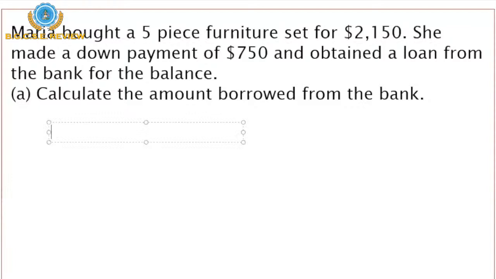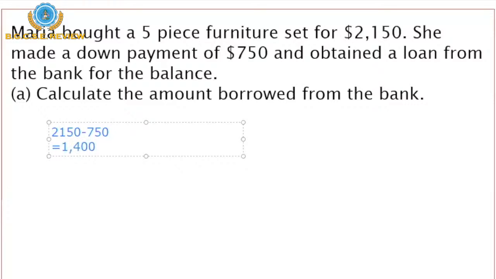Here's what I know. I know that she paid, the original bill was $20.50 and she paid $750. And so for me to find her balance, I need to subtract. And when I do my subtraction, her balance is going to be equal to $1,400. All right, that's her balance.